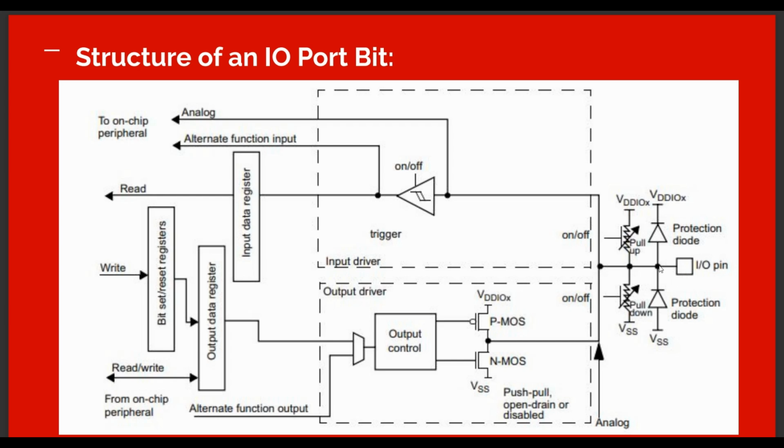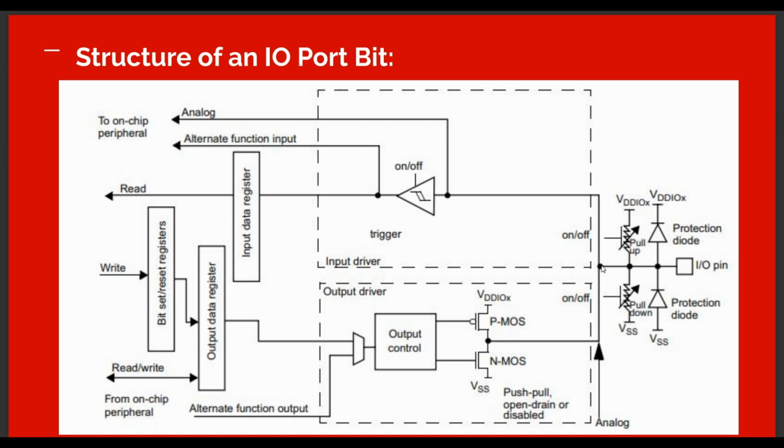So if we get some transient from the outside, these diodes will protect the circuitry inside the microcontroller. We have, as we were discussing, pull up and pull down resistors. The pull up resistor is connected to the positive rail, and the pull down resistor is connected to ground.